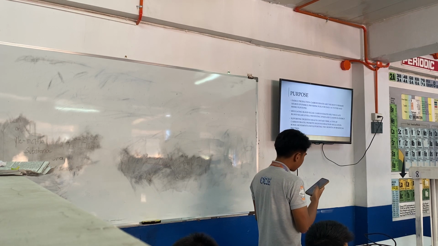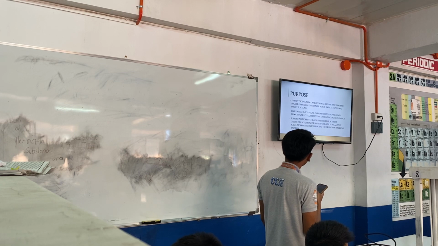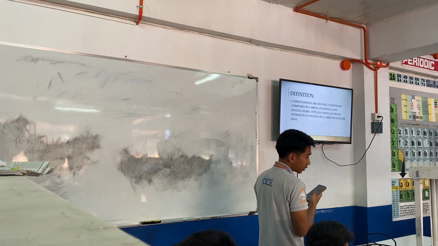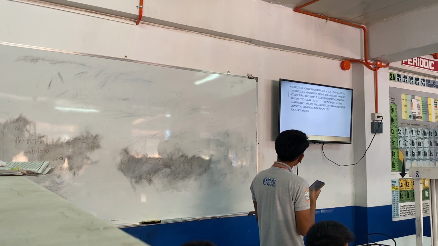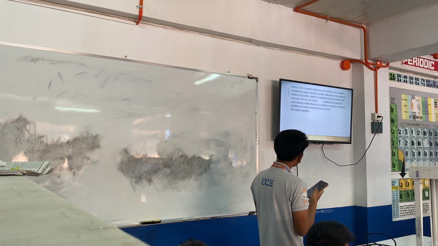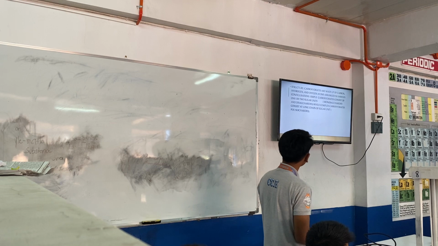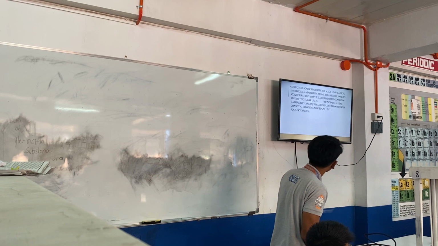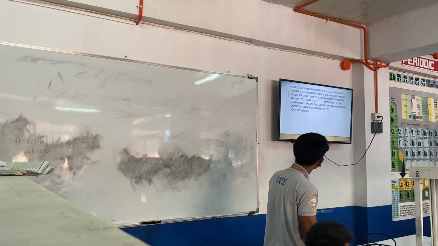Structure. Carbohydrates are made up of carbon, hydrogen, and oxygen.